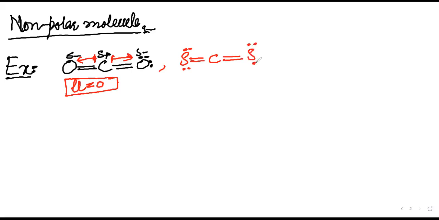Here we draw the structure of carbon disulfide. The direction of dipole moment is positive to negative and positive to negative. Both dipole moment vectors are opposite in direction, so the dipole moment value is 0.